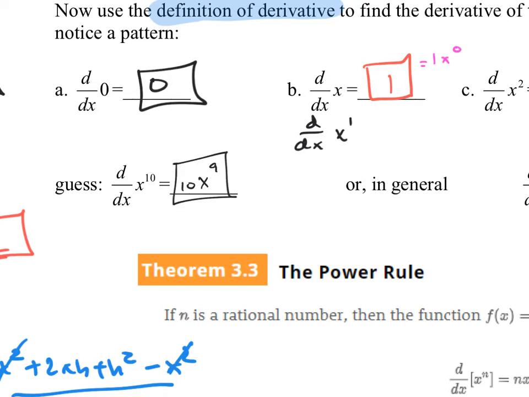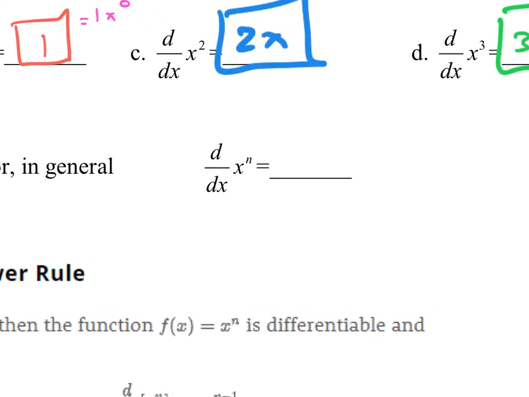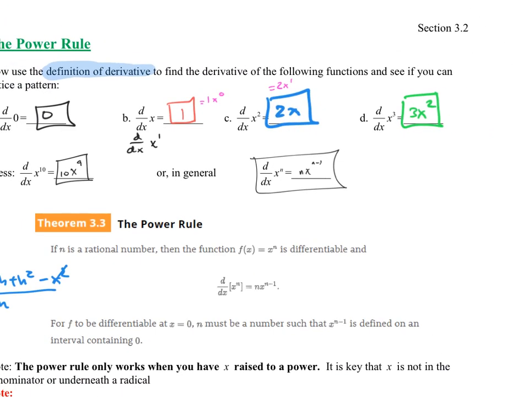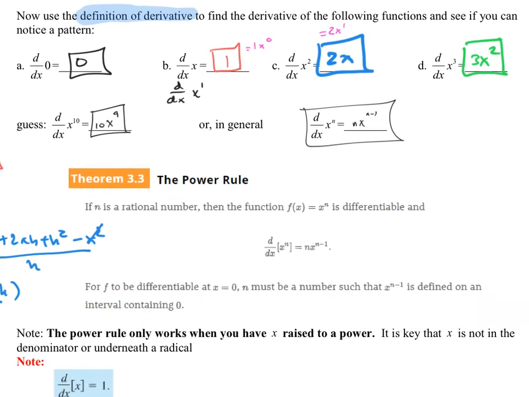The derivative of x to the 10th is 10x to the 9th. In general, the derivative of x to any power, drop that power, x to the n minus 1. That right there is just an observation that we notice from doing the limit process for several different x's to certain different powers. And that's what's called the power rule.